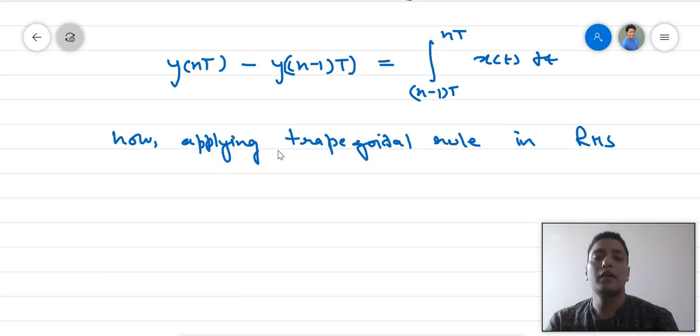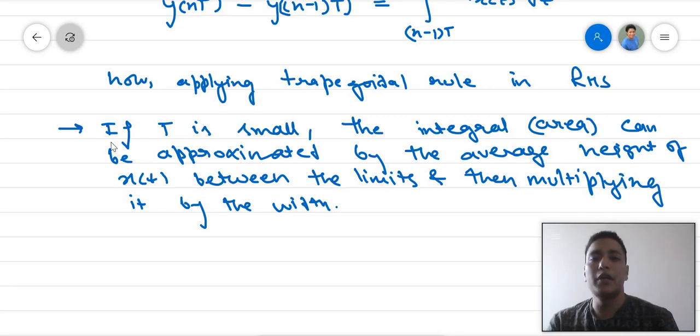Now applying the trapezoidal rule on the right hand side of the equation: the trapezoidal rule means if T is very small, the integral area can be approximated by the average height of x(t) between the limits, multiplied by the width.